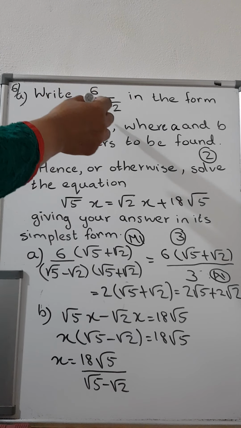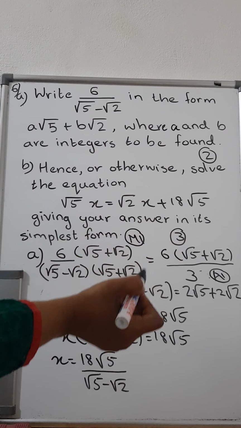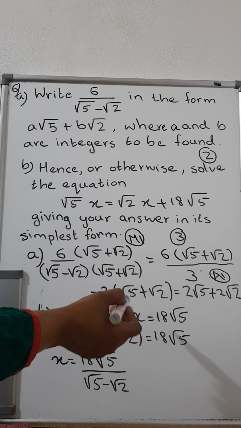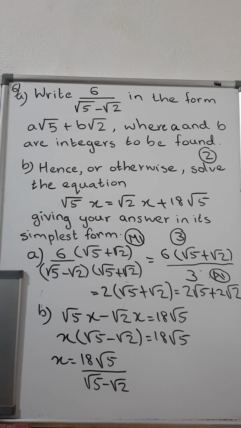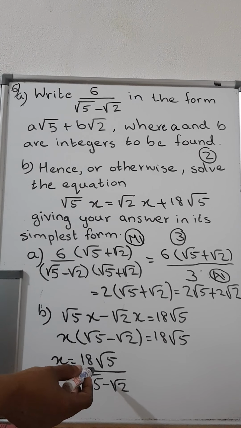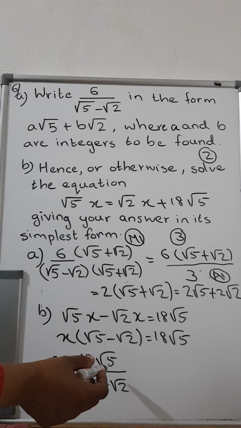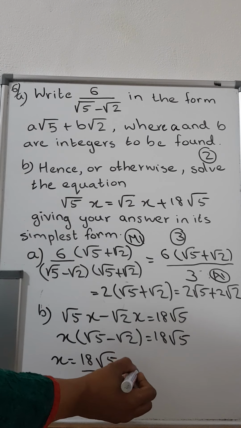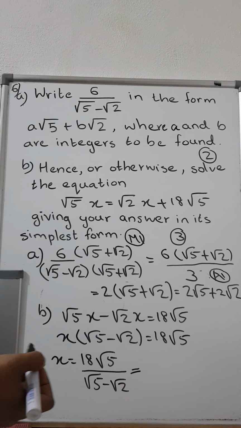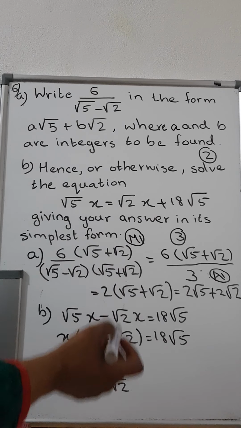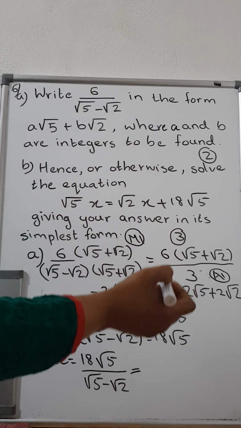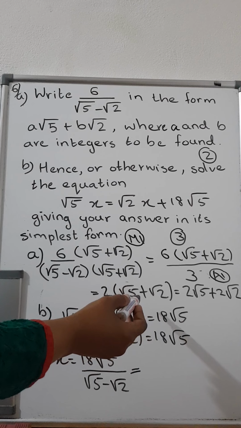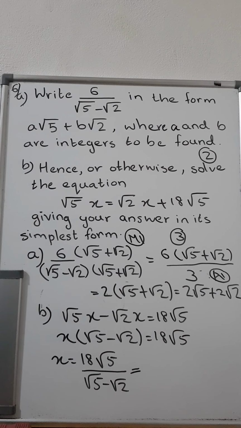6 divided by root 5 minus root 2 is 2 times root 5 plus root 2. That we have already found. 18 root 5 divided by root 5 minus root 2 we have to find. So you see, we can try to simplify it. We know 6 divided by root 5 minus root 2 is 2 times root 5 plus root 2.